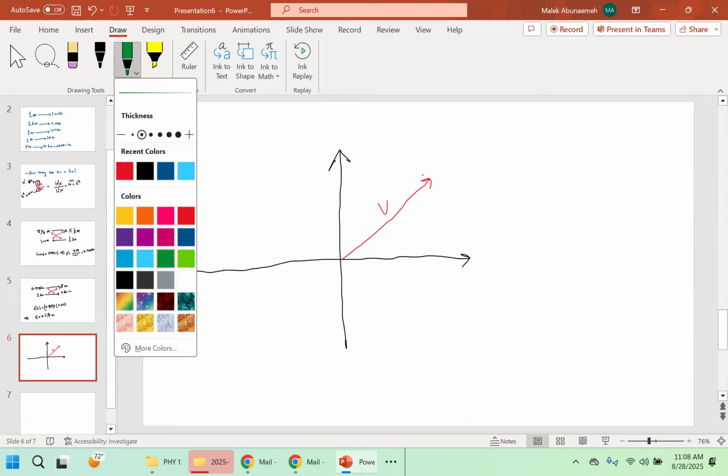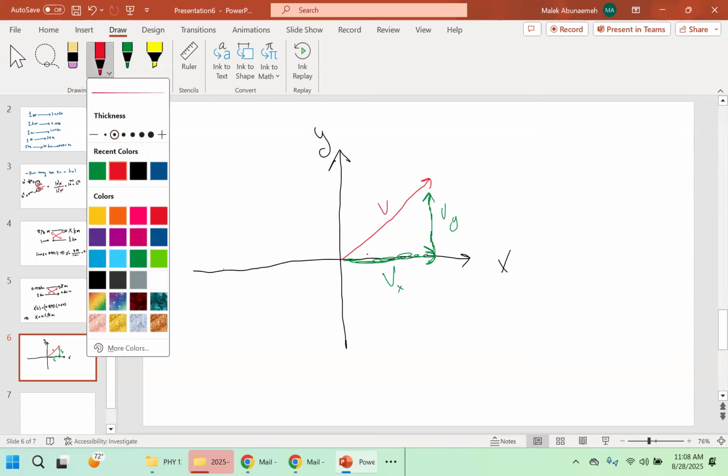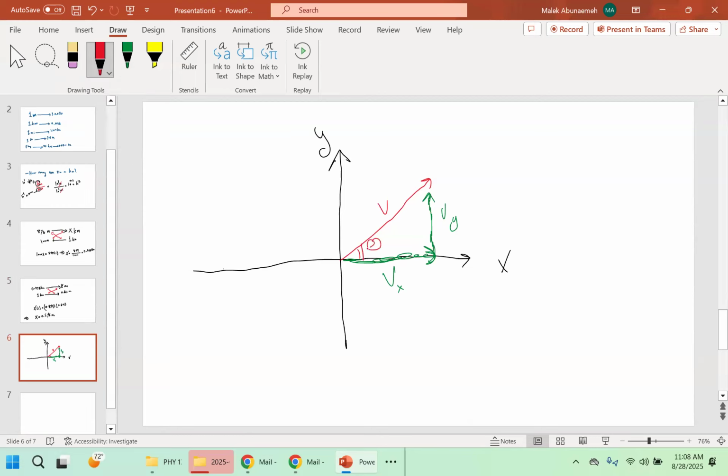So you got your vector in the x-axis and your vector in the y-axis. I'm going to call these v in the x-axis and v in the y-axis. This is your y-axis over here, and this is your x-axis over here. And of course, this vector is going at some kind of angle. This angle I'm going to call theta.